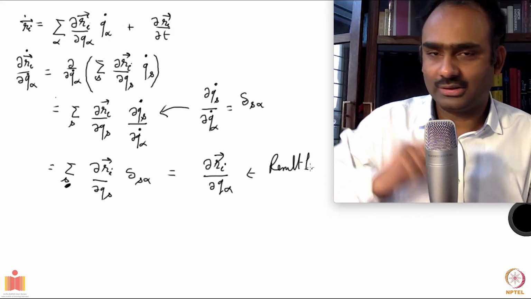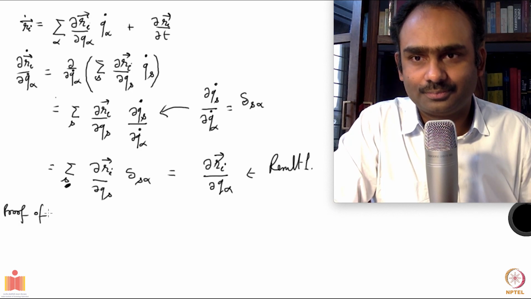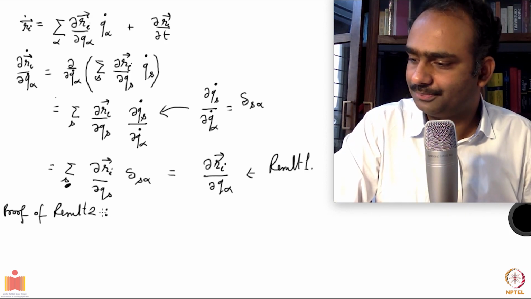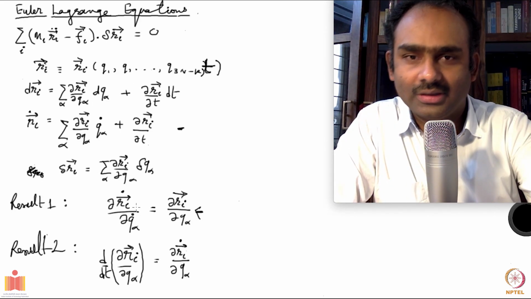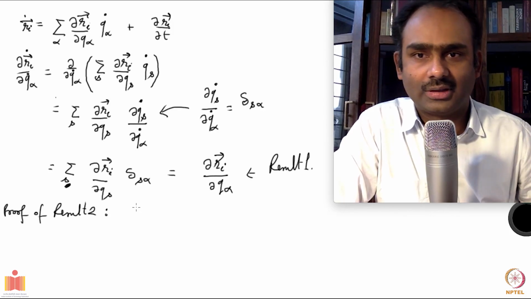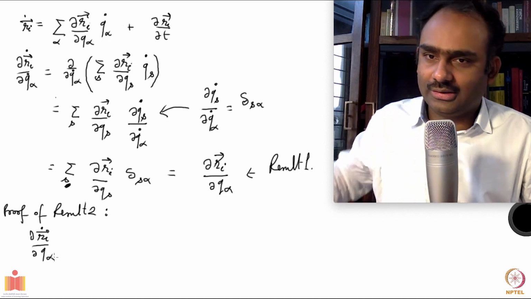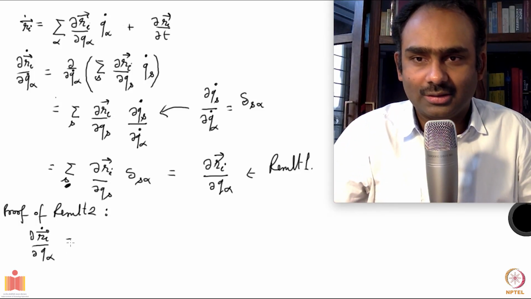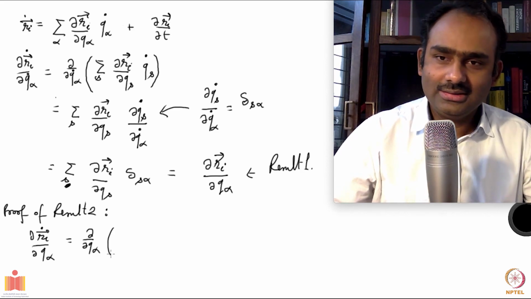Now let me prove result number 2. What I want to show is, I start with the right hand side here in result 2: del Ri dot over del Q alpha. So I start with del over del Q alpha, and I will just write down what Ri dot is, and you know what that is.